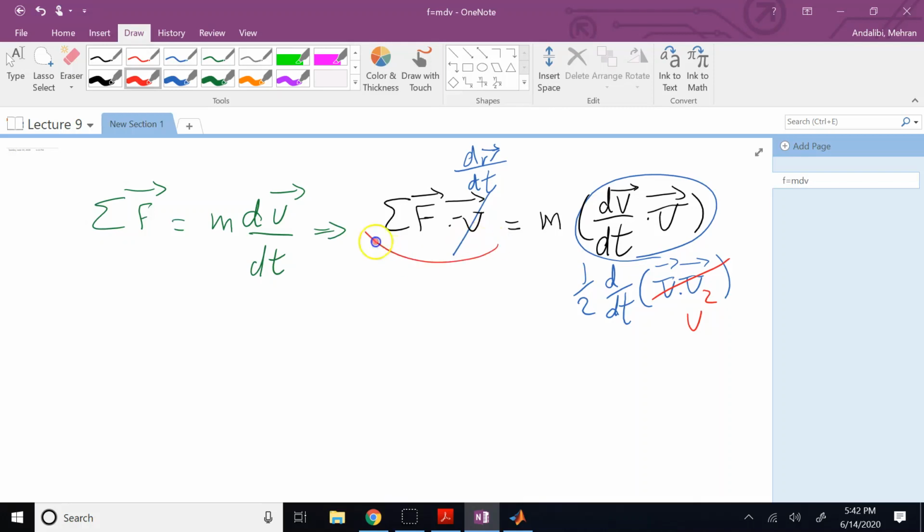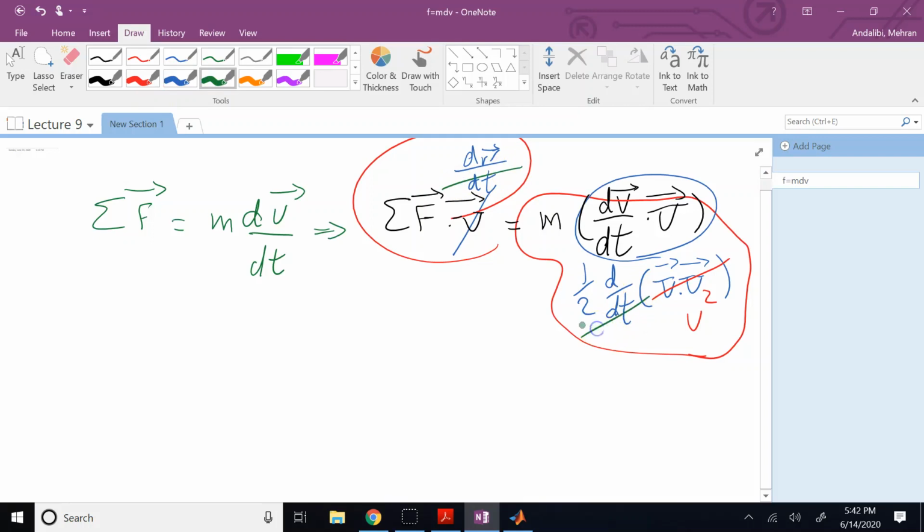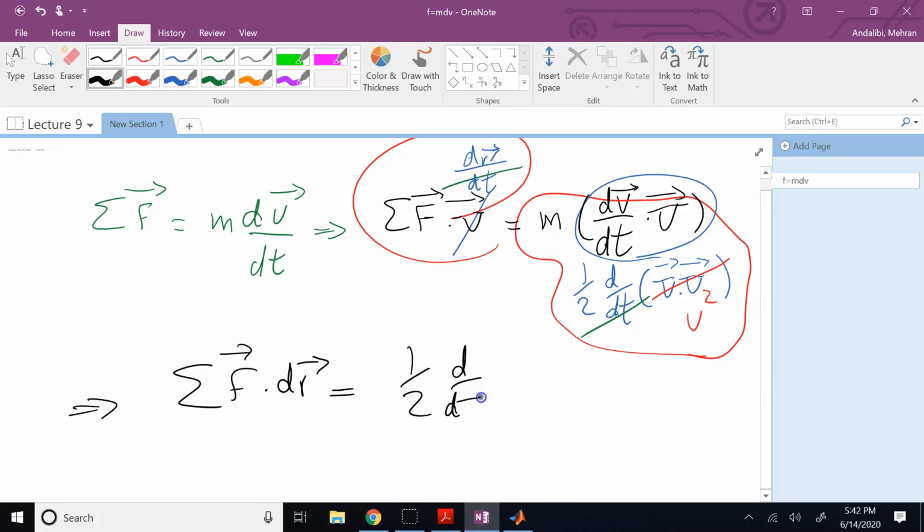And so now, if you compare this with this one, both of them have a dt in the denominator, which I can cancel out. So I can cancel this dt and this dt, and then what would I get? I would get the summation of F dot dr is equal to 1/2 of d over dt, or if I want, I can just bring d over dt outside and then make it 1/2 m v squared, right?